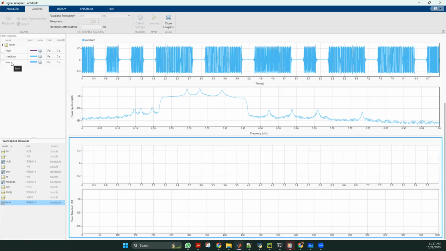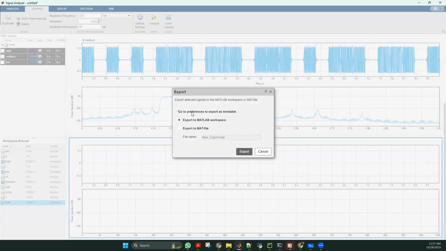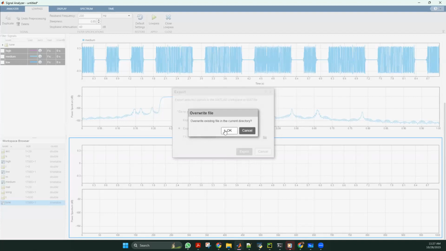I need to export the data into the MATLAB window. Otherwise, the data won't go there. So I will select all this, and I will export this data as an export mat file, and I will export it as music. I will export. Yes.